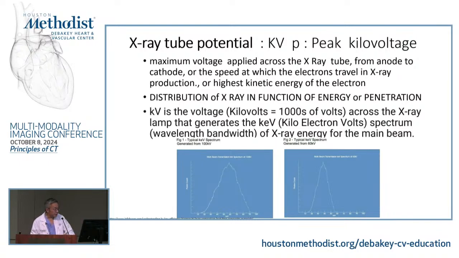For instance, if you give 100 kV, typically you get a range of keV, the energy spectrum of the X-ray, from 15 to 100, and the average is usually about one third. So if you give, let's say, 70 kV, most of the keV you're going to get is around 30 or 40. That's why we use low peak kV, to get lower keV, similar to the k-edge of the iodine. So you get more contrast.